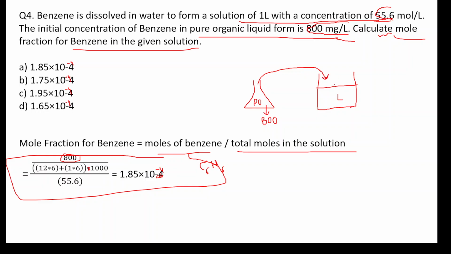So initially it was 0, then we added 800, and when everything was dissolved, the concentration became 55.6 moles per liter.